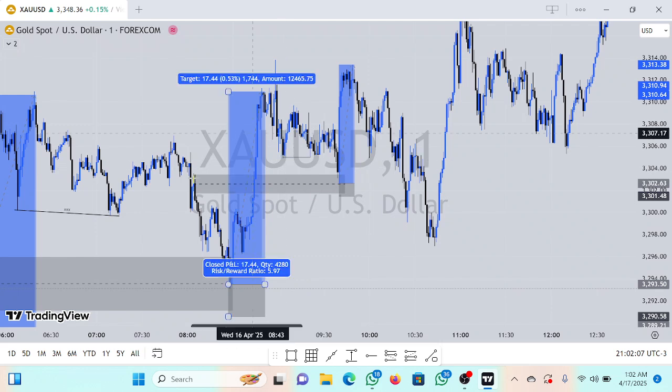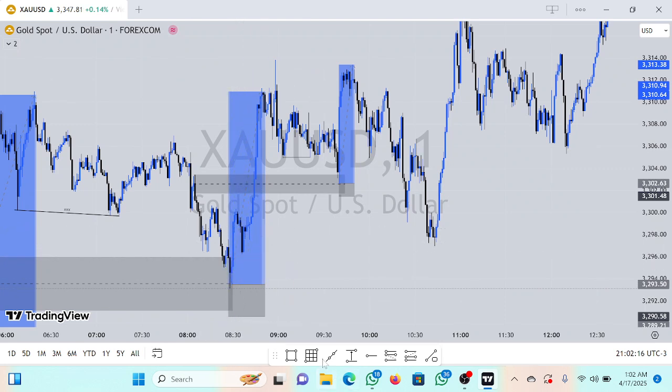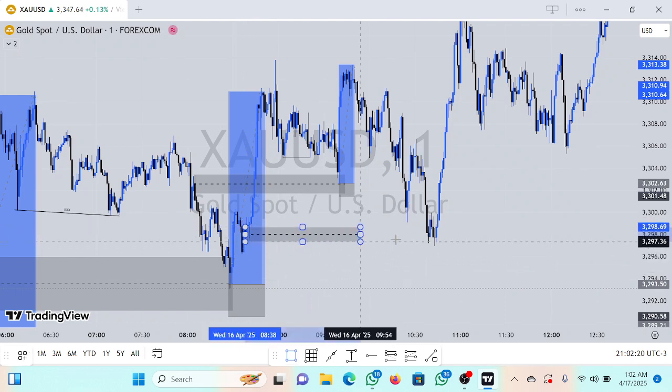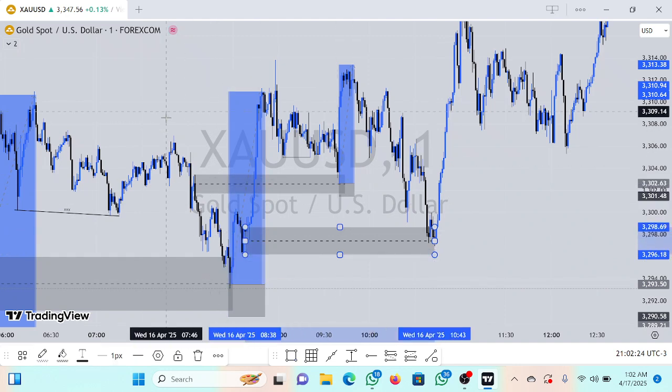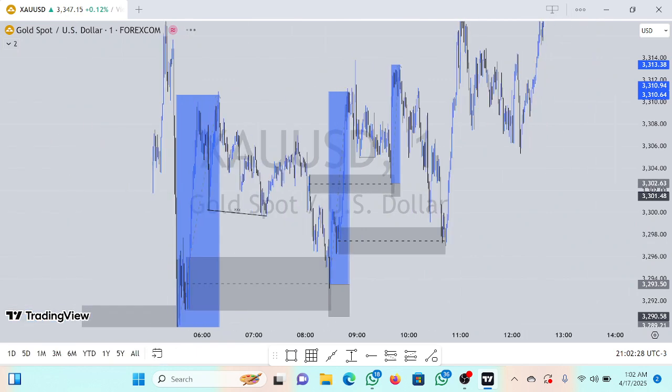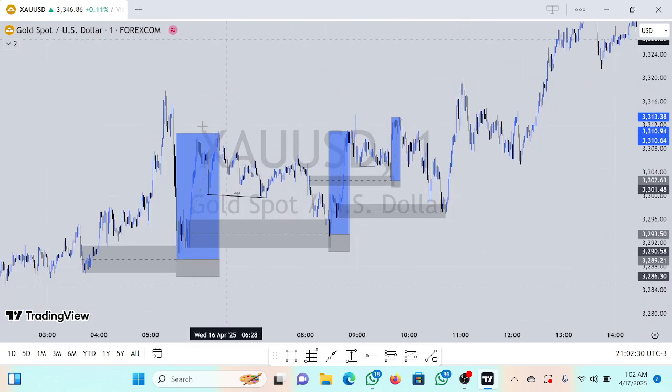At this point right now, my main entry was this mitigation block mitigated here. Why this one? I'm using the 50% of this block, which has a clear break of structure. I want market to break this structure and take out this utmost high.